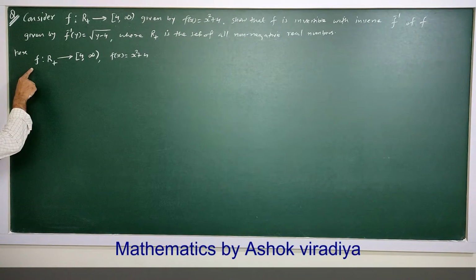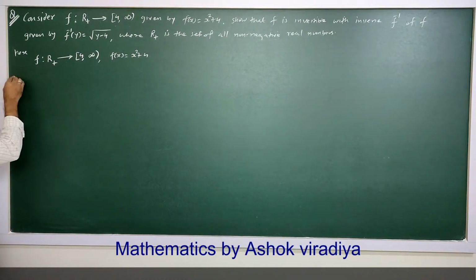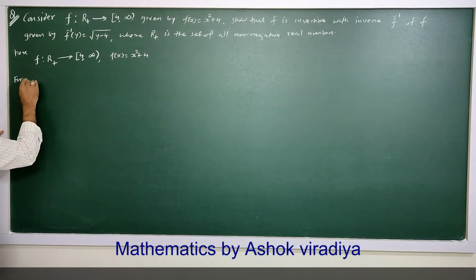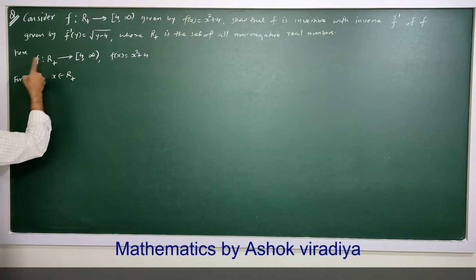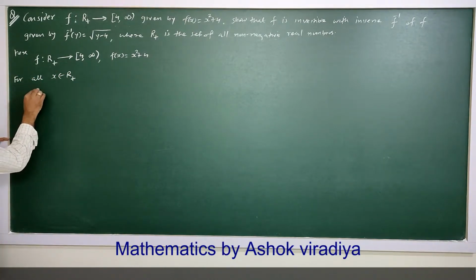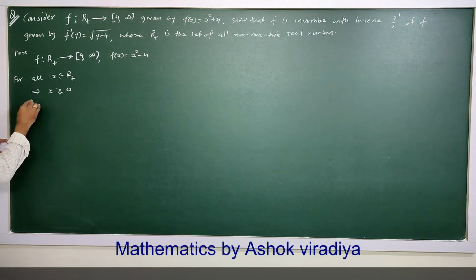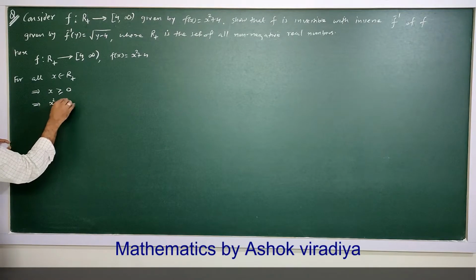To find the range of f, here see, the function is working on the set of all non-negative real numbers. So from this formula it is clear that for all x belonging to the domain of f, x is non-negative, so x square is greater than or equal to 0.